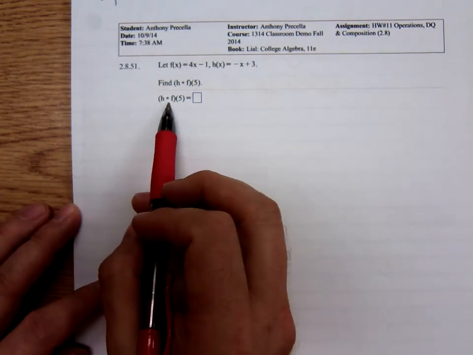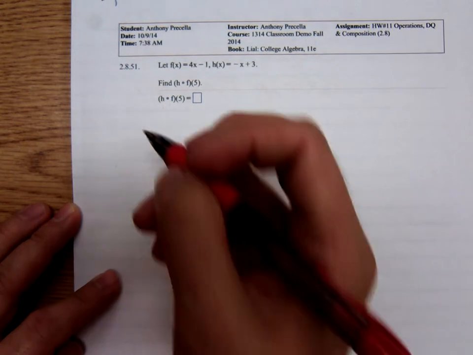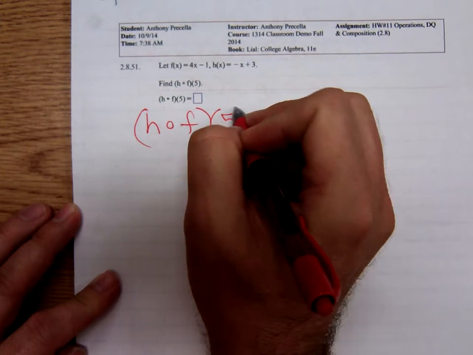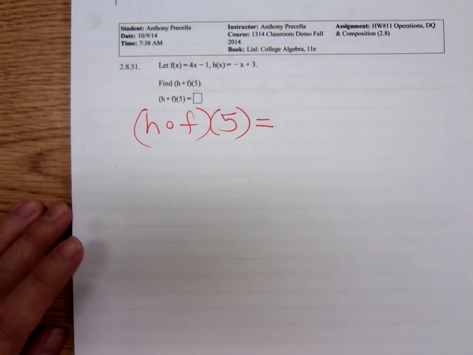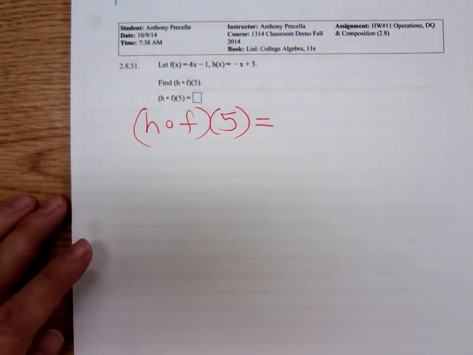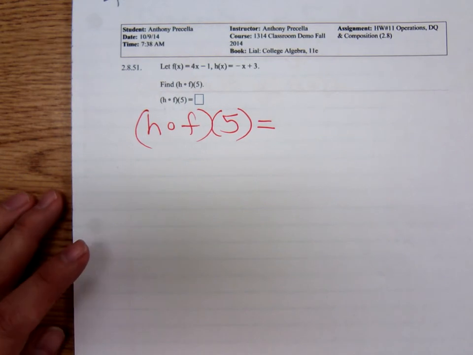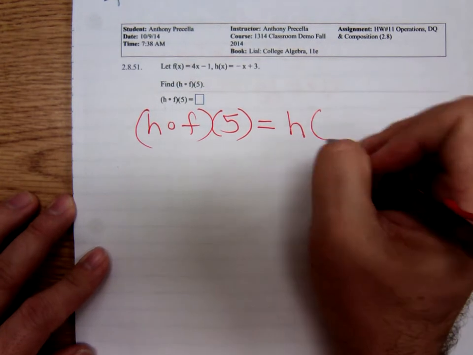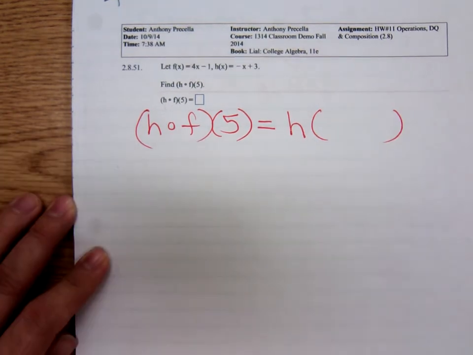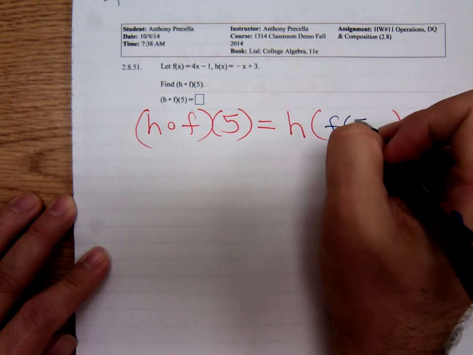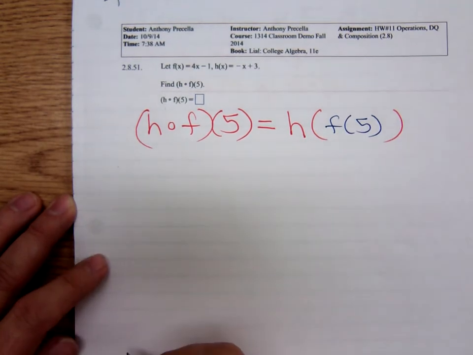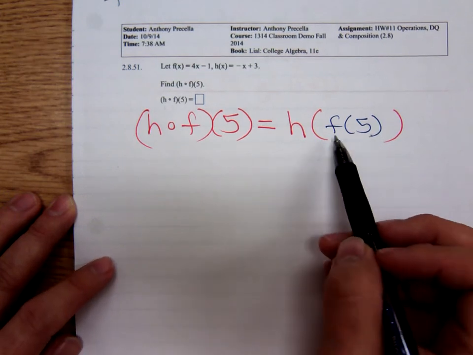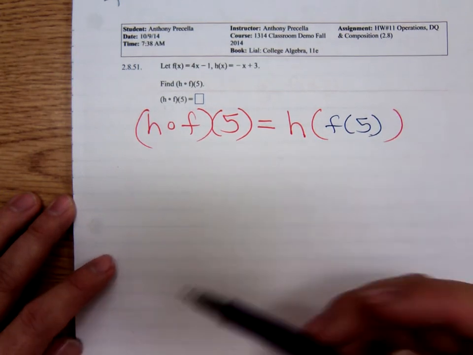They want us to find h composed with f of 5. So h composed with f of 5. Which function's the outer function? H is on the outside, and on the inside we have f of 5. You know how to find f of 5. That was in the function homework that we did last week.